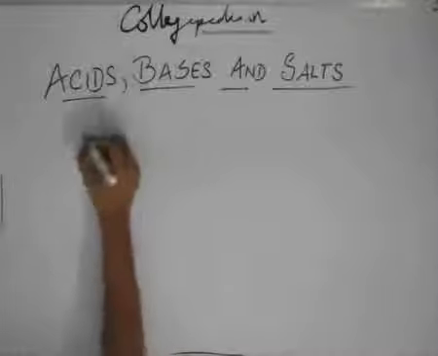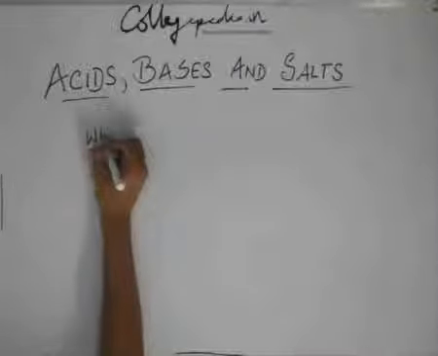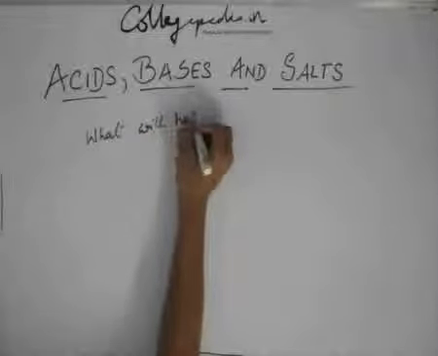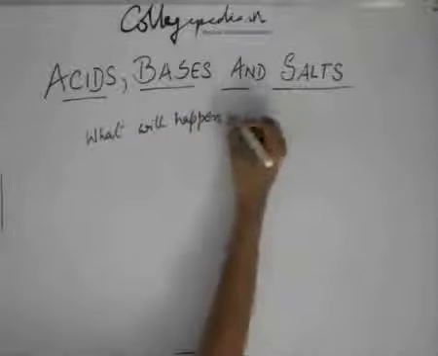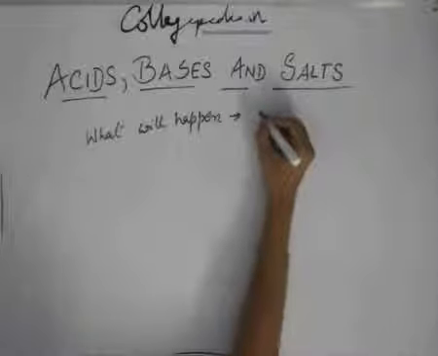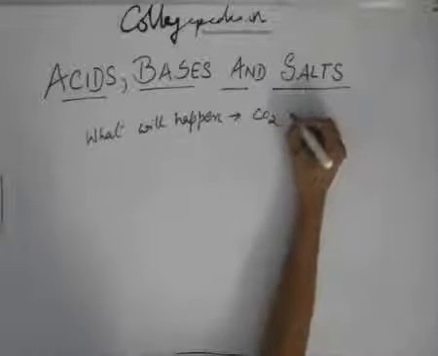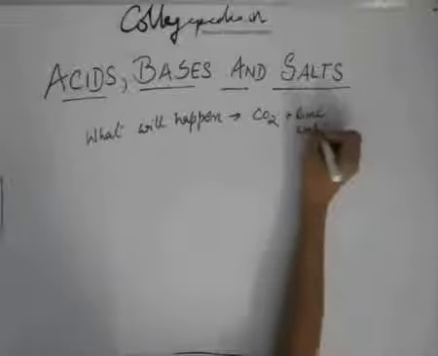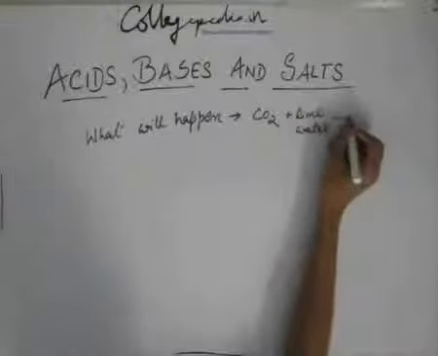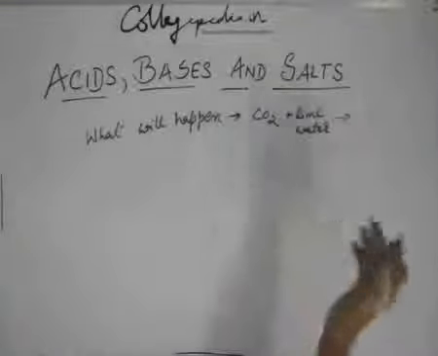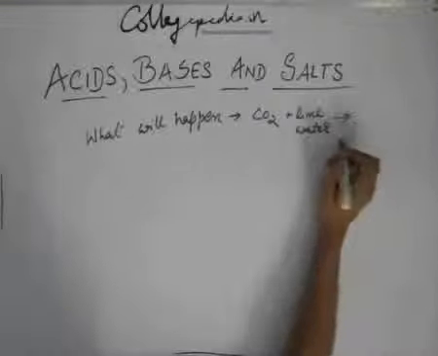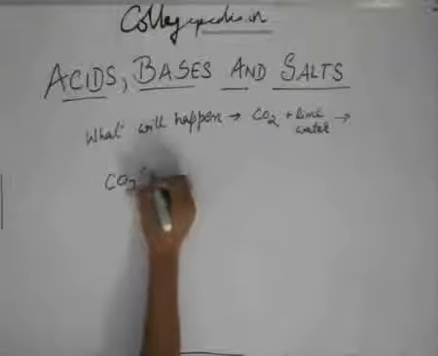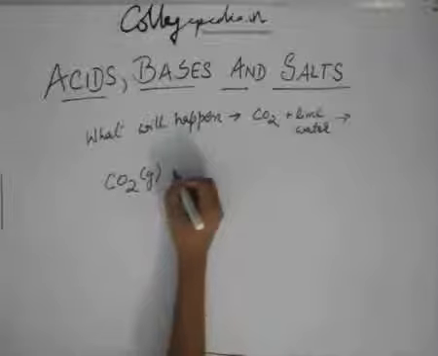If you're asked what will happen when CO2 is passed through lime water, the answer is it will turn it milky, and when it is passed in excess, the solution will become clear. But you have to write the equations involved, and if possible write the states.